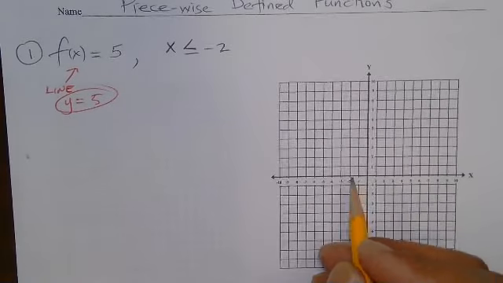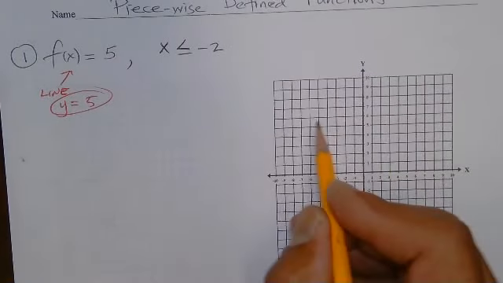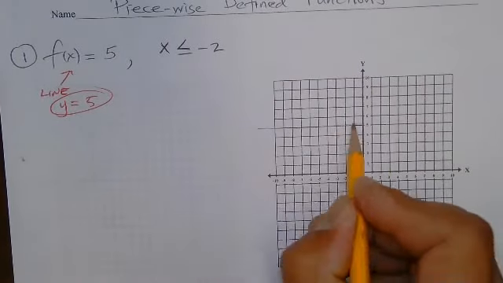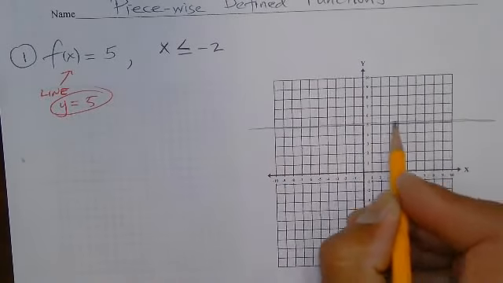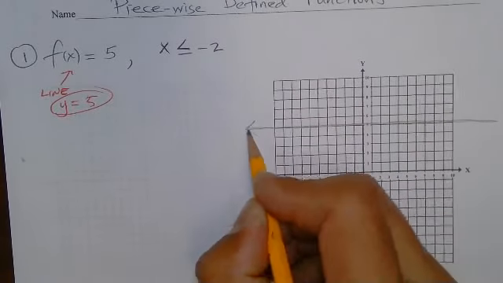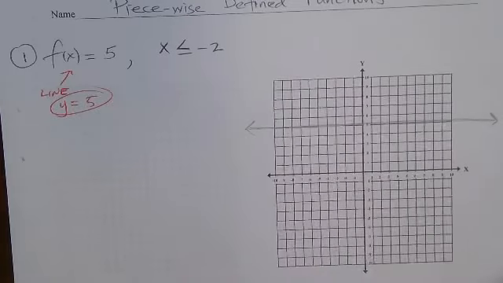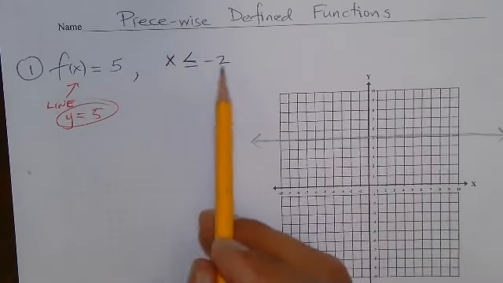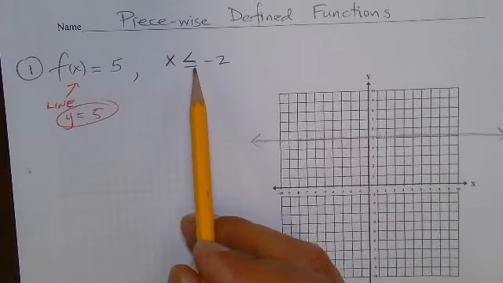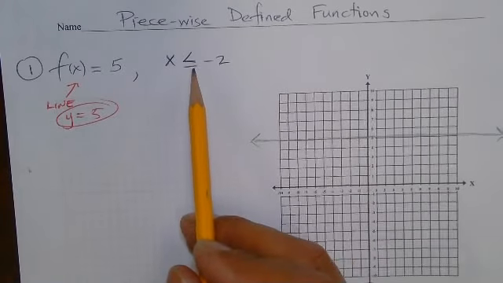Well, it's a horizontal line. Go to y, go to positive 5, and it is a line that is, again, with a pencil, because some of this is going to get erased. It is a continuous line like this, but we're only going to want to see this at this certain interval, or this inequality.